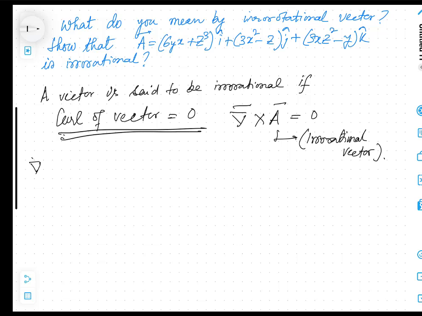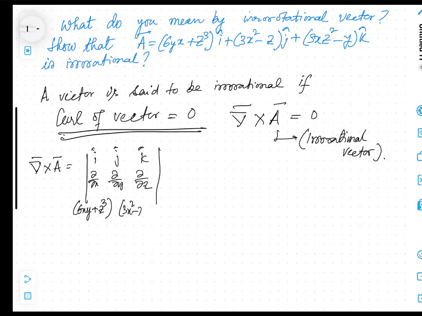The curl of vector A is equal to the determinant i, j, k, del del x, del del y, del del z, and the first part of vector A is 6xy plus z cube, the second part is 3x square minus z, and the third part is 3xz square minus y.